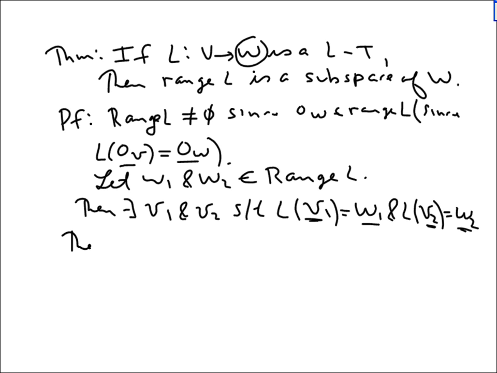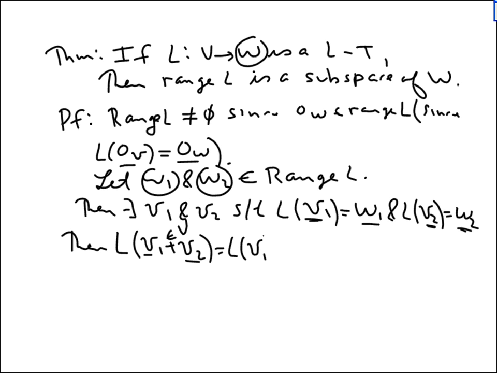Okay, then L of V1 plus V2. I want to show that I can take L of something to give me W1 plus W2. Now, this is also in V because V1 is in V and V2 is in V, and V, capital V, is a vector space, because when you add two vectors in V, you get something in V. Since it's a linear transformation, this is L of V1 plus L of V2, and L of V1 is W1 plus L of V2 is W2.